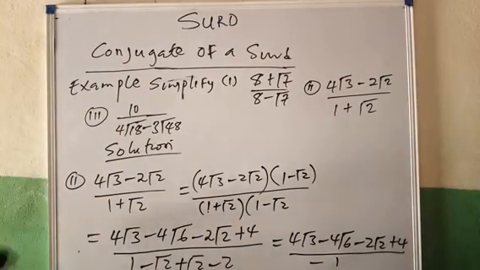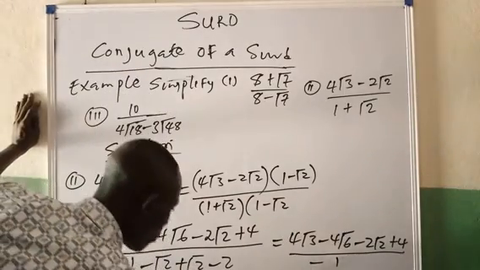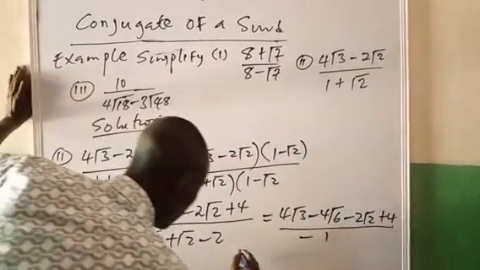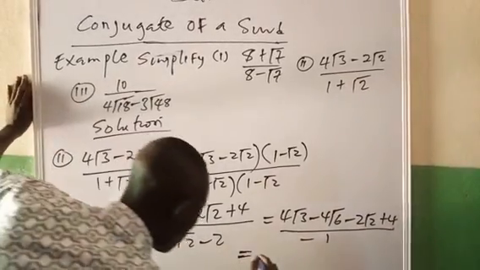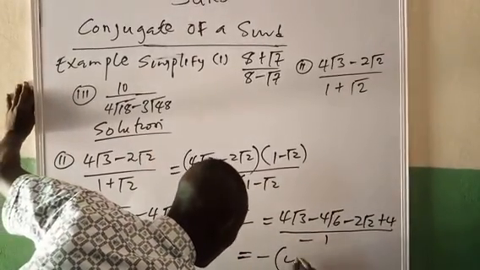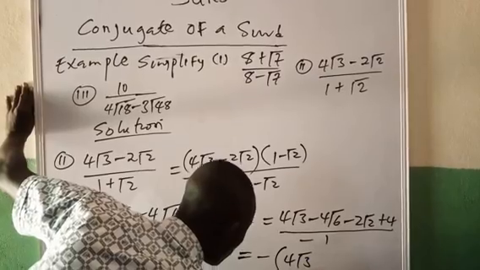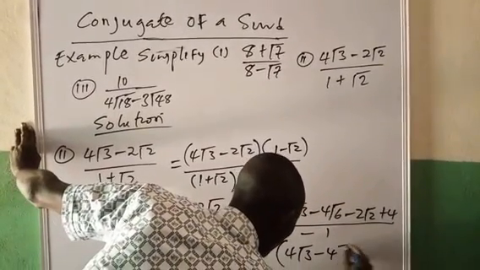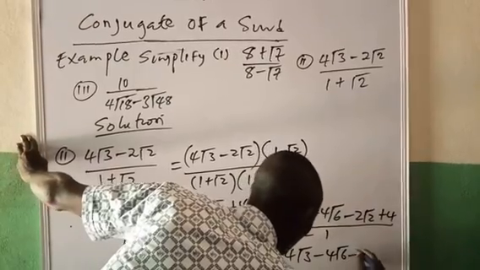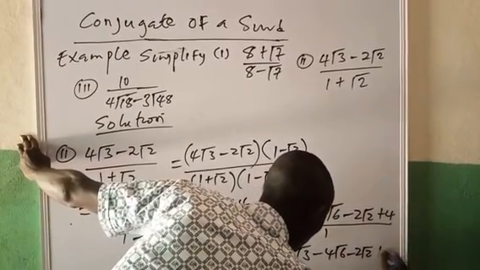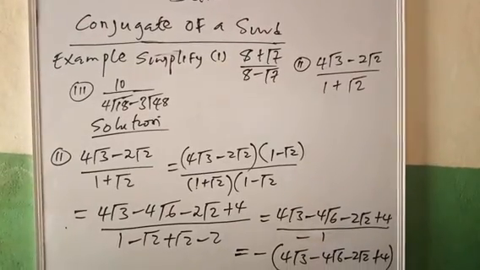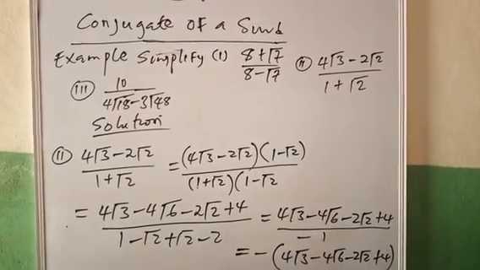So just introduce the minus down here. If you introduce the minus, this will become minus, everything into bracket: root 3 minus 4 root 6 minus 2 root 2 plus 4. That is your final answer.